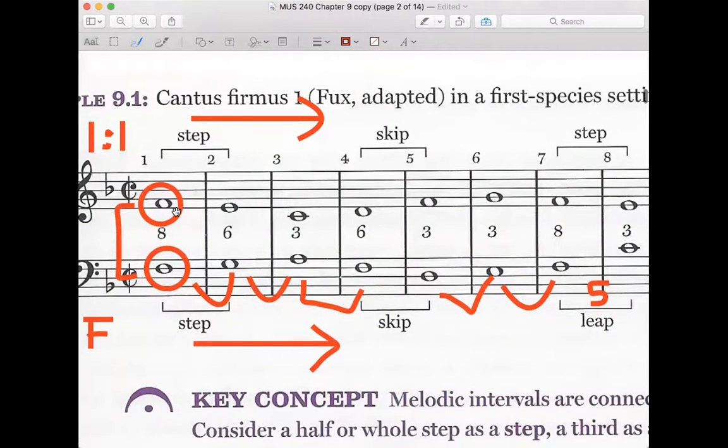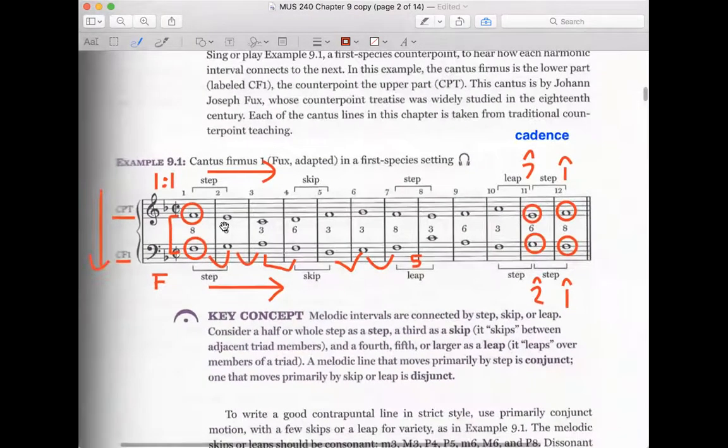What do you notice? Well, aren't we missing the seconds? We're missing the fourths. We're missing the sevenths. What category do you put them in? Okay, I know what you're thinking. You're saying, oh, well, these are all consonances. Right? If you didn't know that already, it's something you should know already.